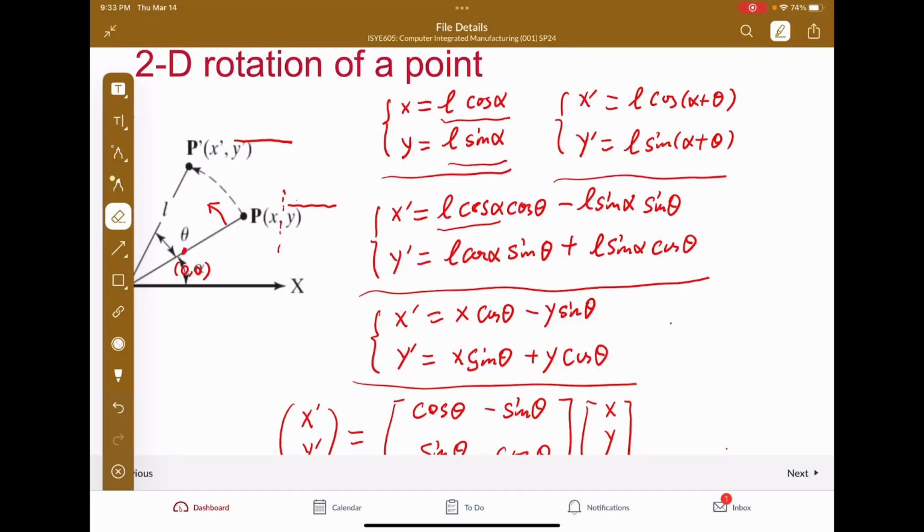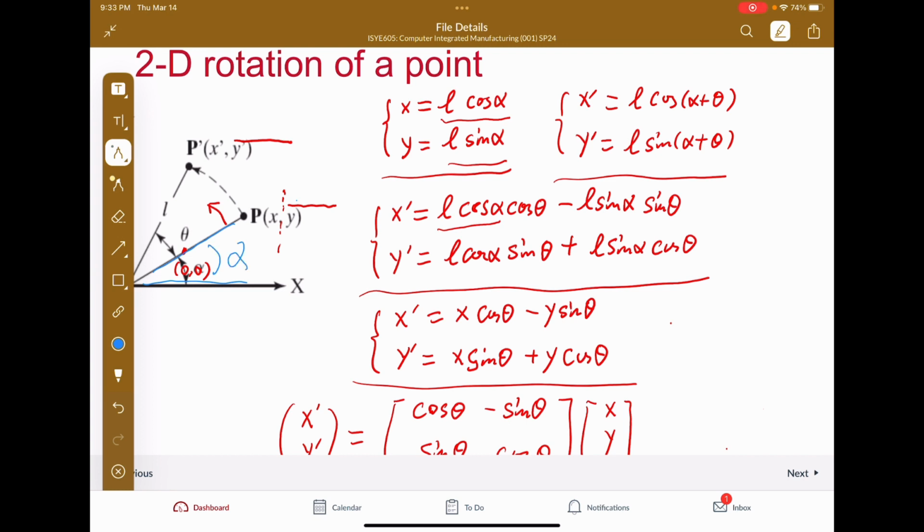So in these slides, what we will do is the 2D rotation of a point. What we already know is the location of P, and also the angle between this line and the x-axis, which is alpha.